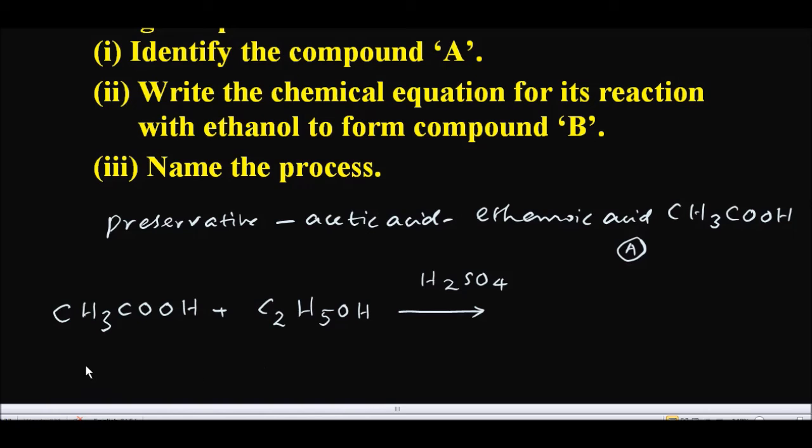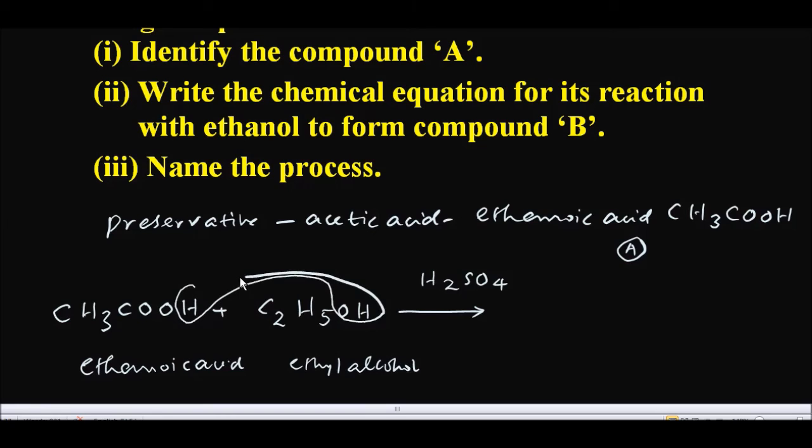Esters are formed from an acid and an alcohol. The acid part is ethanoic acid and the alcohol is ethyl alcohol. When these two react with each other in the presence of sulfuric acid, a water molecule, H2O, is removed between them. After the removal of that, you get CH3COOC2H5 plus H2O.